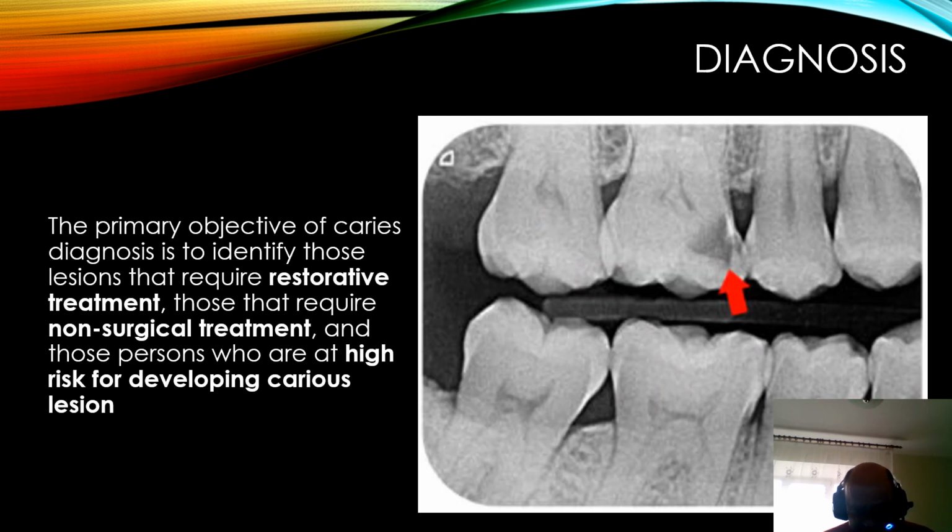The primary objective of caries diagnosis is to identify those lesions that require restorative treatment, those that require non-surgical treatment, and those patients who are at high risk of developing caries lesions.